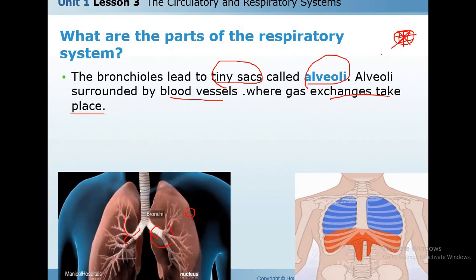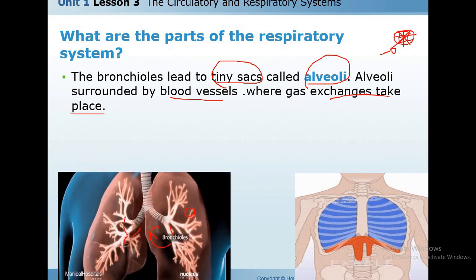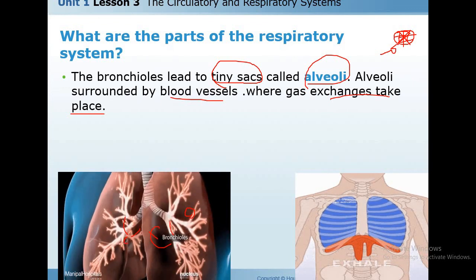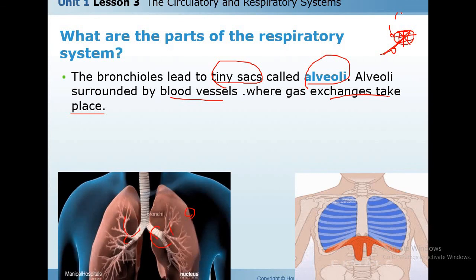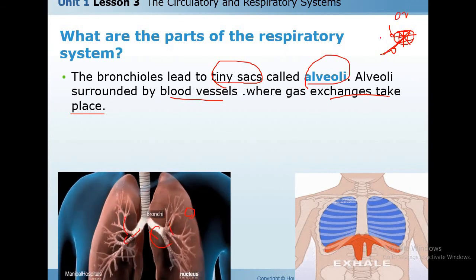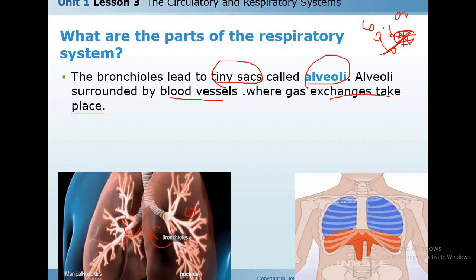When the blood that carries carbon dioxide gets inside the alveoli, exchange happens. They take in oxygen and get rid of carbon dioxide from the blood.